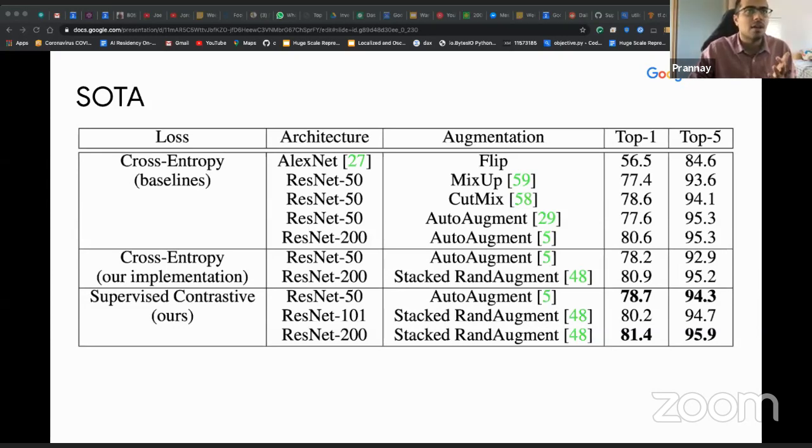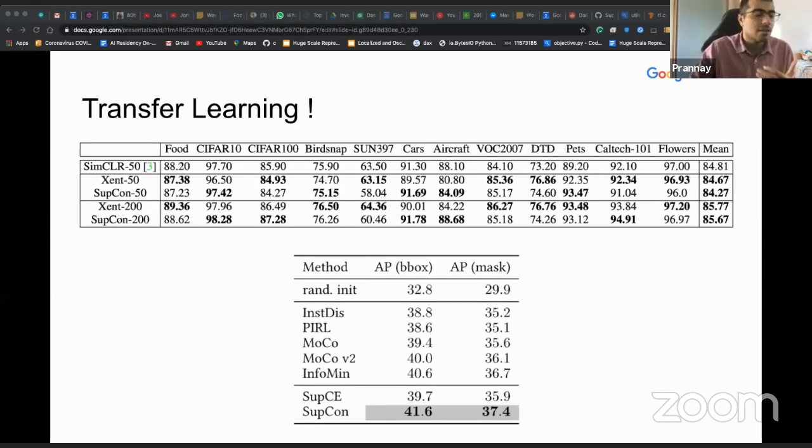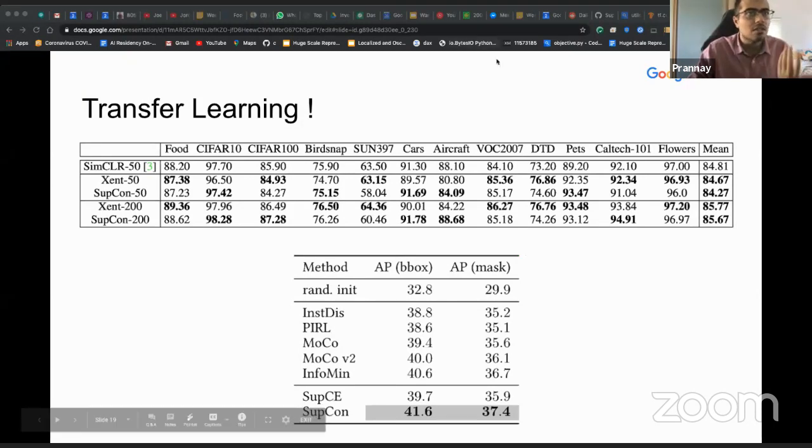The question is, the entire point of doing all of this is, can you actually generalize? And by generalize, I mean generalize on different data sets. So we have this transfer learning benchmark, which is the VTAB benchmark. We choose a small number of tasks.